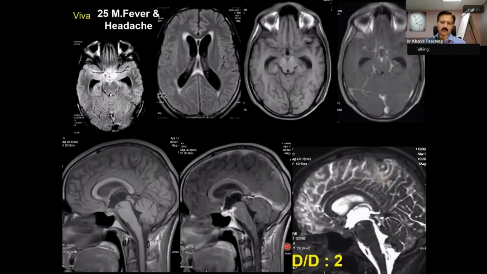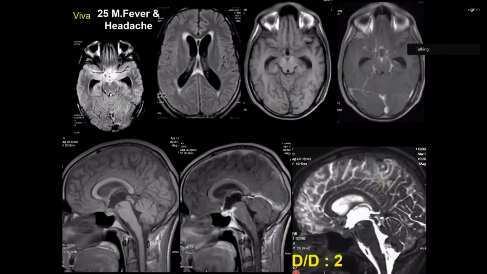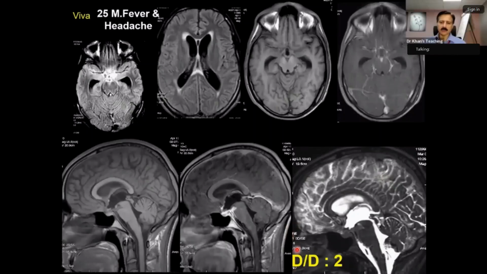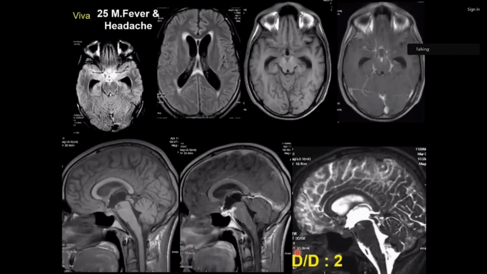So over to you. I'm going to give you marks for your description. The first thing that caught my eye is the basal meningeal enhancement surrounding the brainstem and in the interpeduncular cistern, as well as the ambient cistern. This is also appreciated on the sagittal post-contrast sequence.